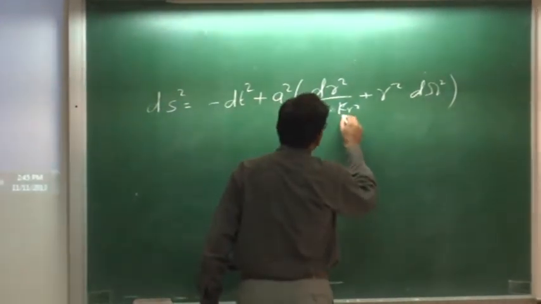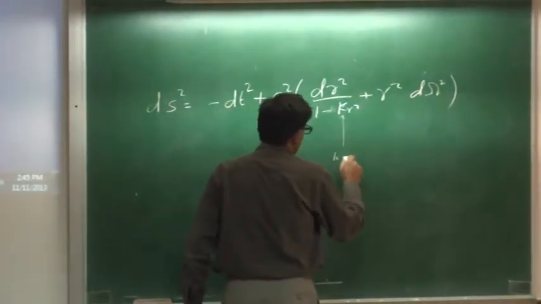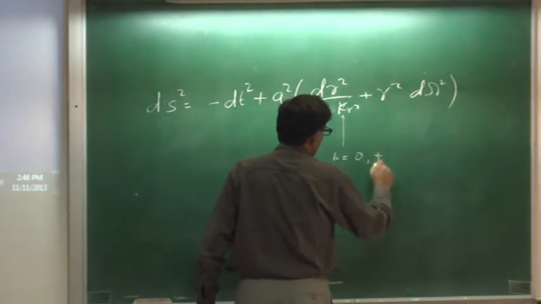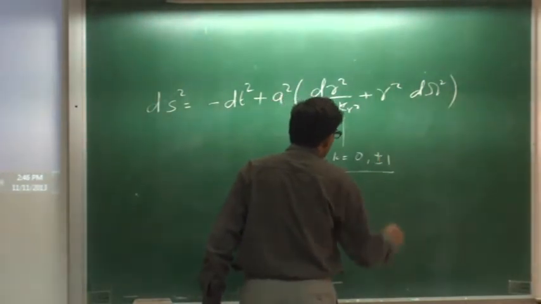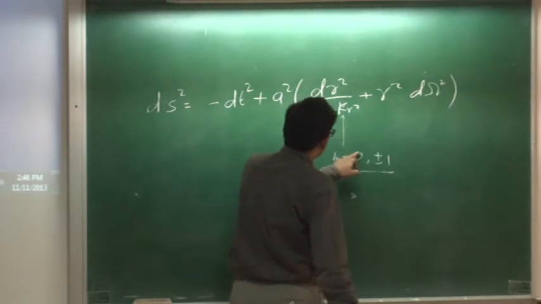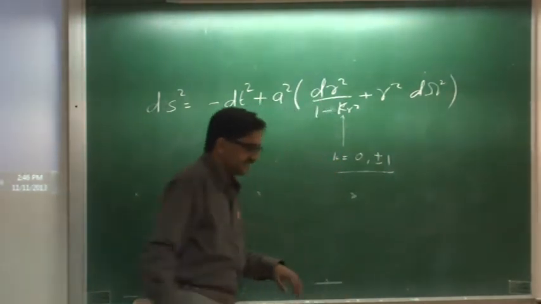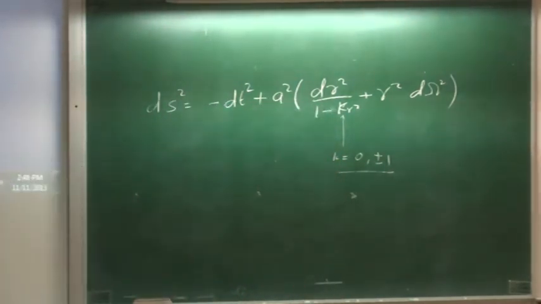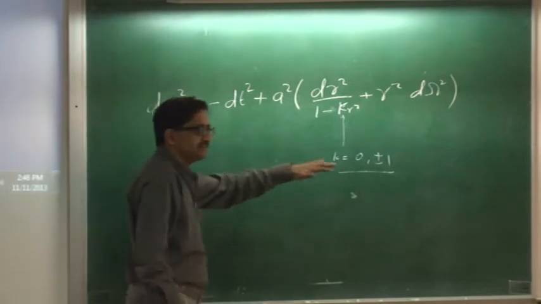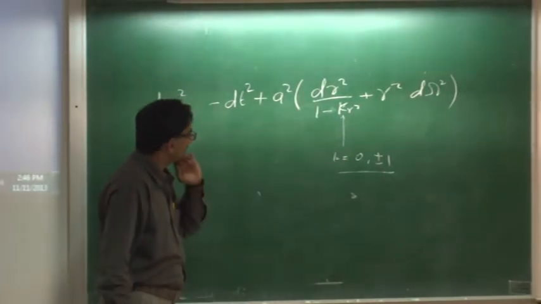There is this fellow sitting here, which is k equal to 0 or plus minus 1, and this basically refers to the nature of geometry of a constant time hypersurface. That is, at a particular time, how does the hypersurface look like?